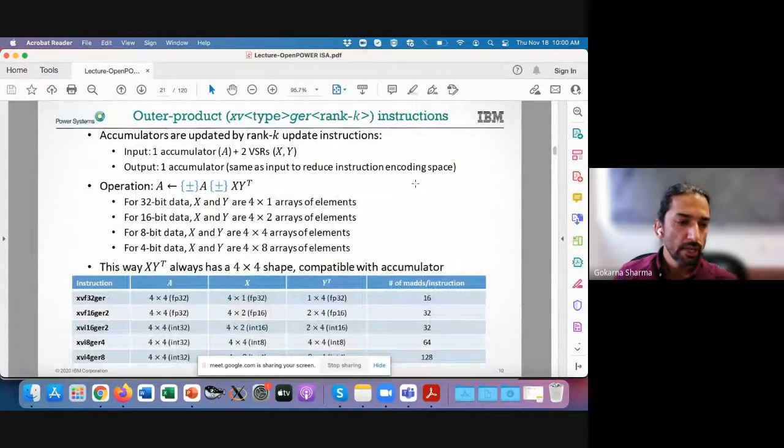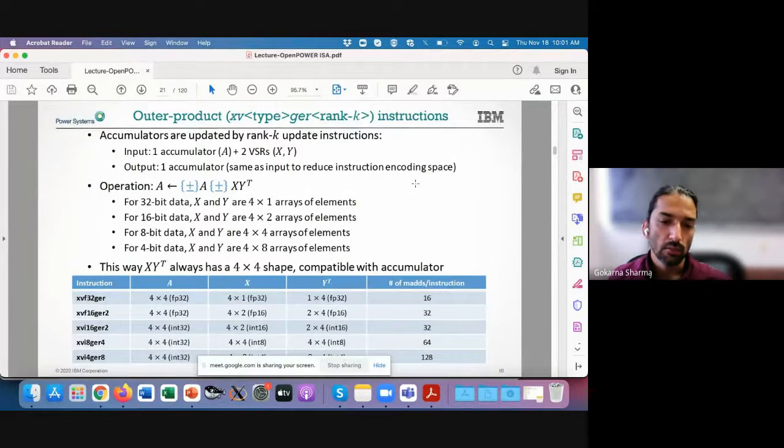So here, if you say the instruction XVBF32GER, that's how you represent it. Then A will be 4x4. It's floating point, because we have BF, and then you have X as 4 times 1 and Y transpose as 1 times 4. Because X and Y are the same, just a single column, when you transpose, you go into one row.